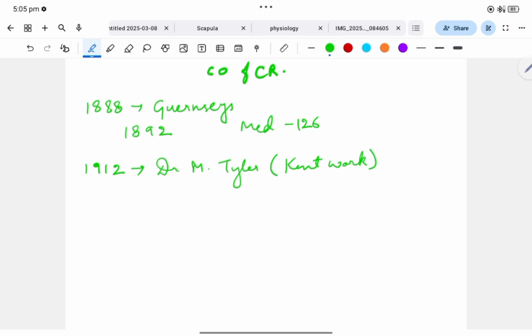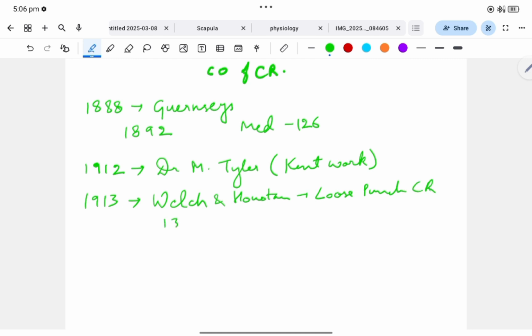It is important to know that which card repertory is based on whose work. Then in 1913, just after 1 year, Welch and Houston gave loose punched card repertory.